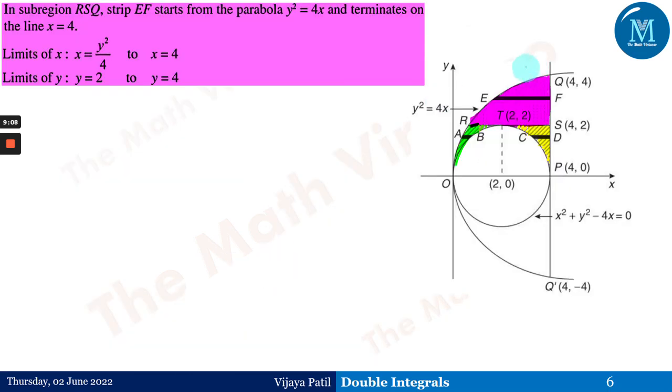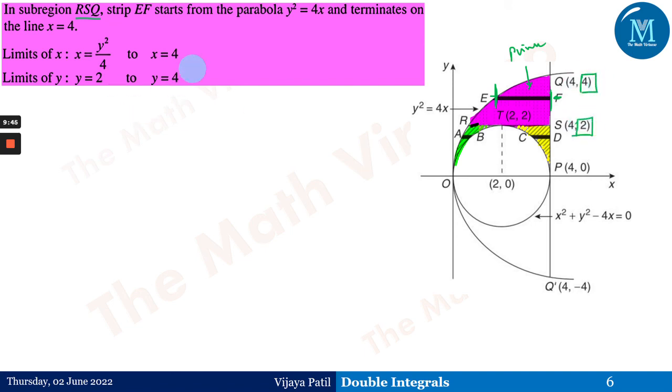Moving ahead, towards the pink color, this particular region is nothing but RSQ. We are considering a strip EF over here, which is starting from the parabola and terminating at the line x equals 4. Therefore x is moving from y square by 4 to x equals 4, and the limit of y is moving from 2 to 4.